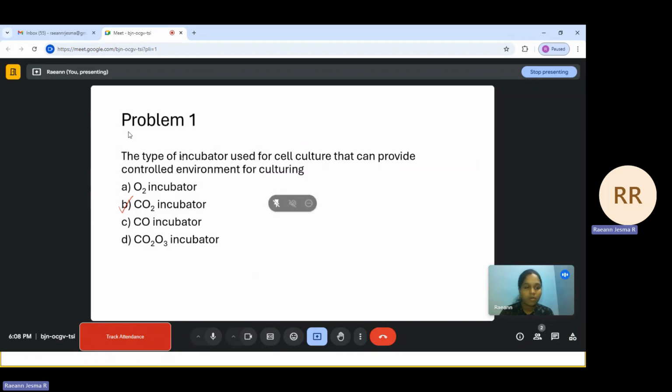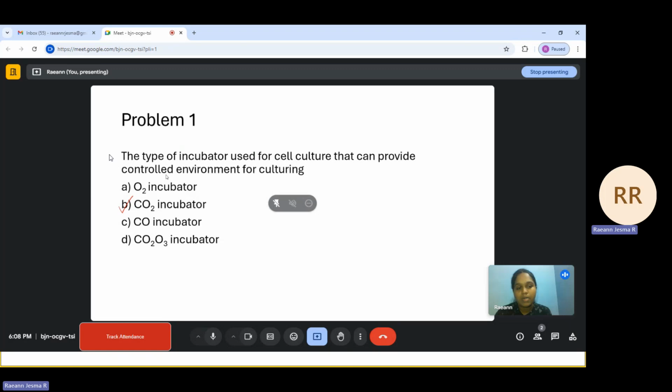environment as that of the human body, we should have a neutral pH, and then the temperature should be maintained at 37 degrees centigrade, and also the relative humidity should be greater than or equal to 90%.